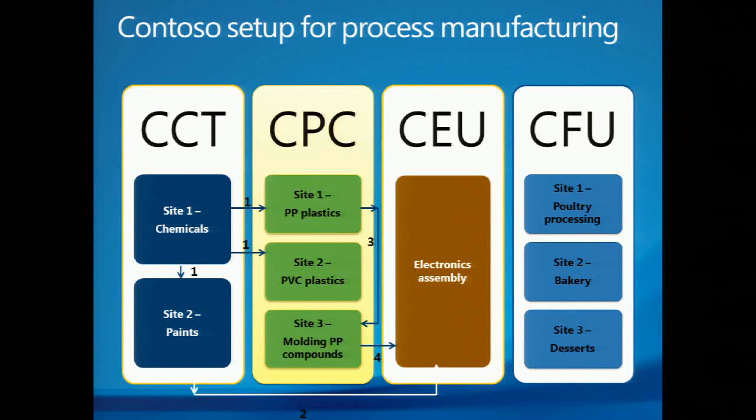So it basically helps the partners when they're doing pre-sales to use that set of data. And then the last company here is Contoso Foods Company, and this would have 3 different sites: manufacturing, doing poultry processing, bakery, and desserts, and so on. And we'll also have a pharmaceutical company. So when the demo data is released, it'll have a few companies for chemicals, food, and pharma. And hopefully, it'll be easier for you to use those and do the demonstration pre-sales.